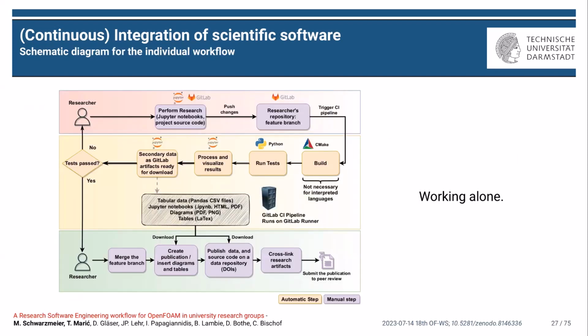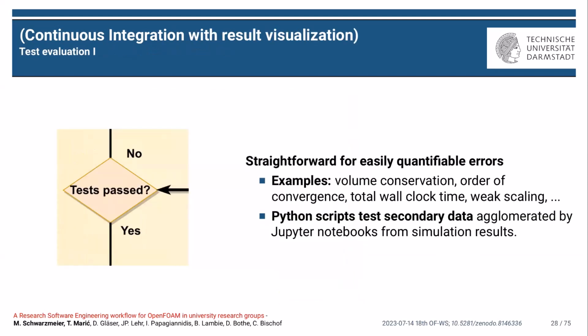So we basically covered all that is done in the yellow part by the automatically built and run pipeline. Now, two or three things more. We have to judge if the tests have passed. This might be possible sometimes by an automated script.